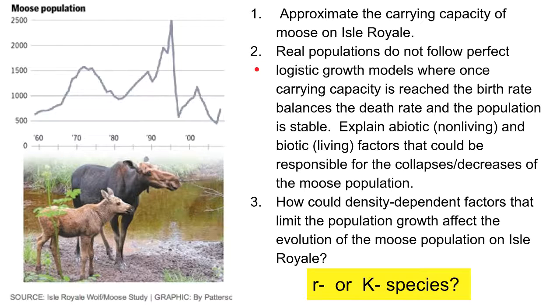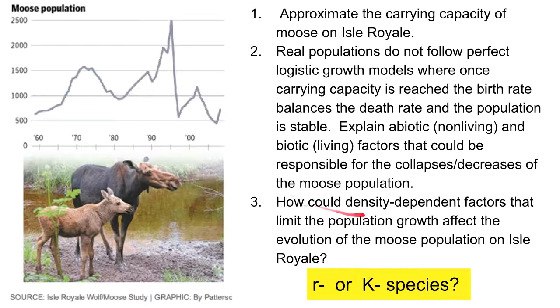Death rate and birth rate are perfectly stable. But at the same time, there are limiting factors. What are abiotic, which are non-living, or biotic, living factors that could be responsible for the collapses or decreases in the moose population? What's going to limit the ability of the moose population to grow?